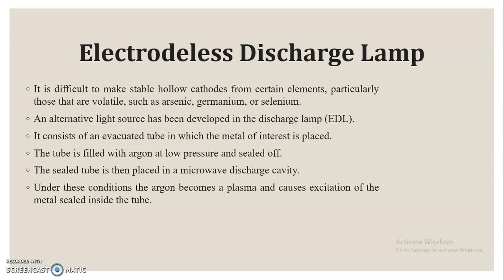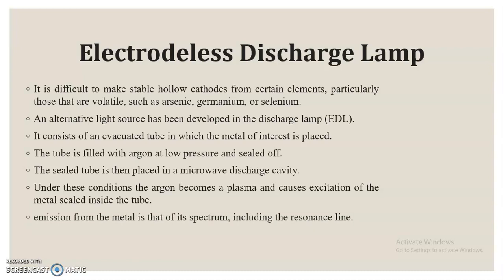In this case, we place the metal of choice in a tube. This tube is filled with argon gas at low pressure, and then the sealed tube is placed in the microwave discharge cavity. Due to the microwave discharge cavity, argon becomes a plasma and it causes the excitation of the metal that is sealed in the tube.